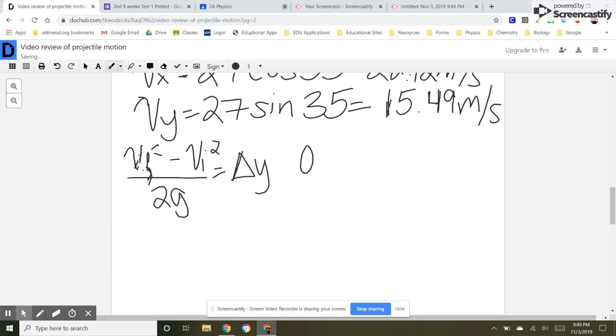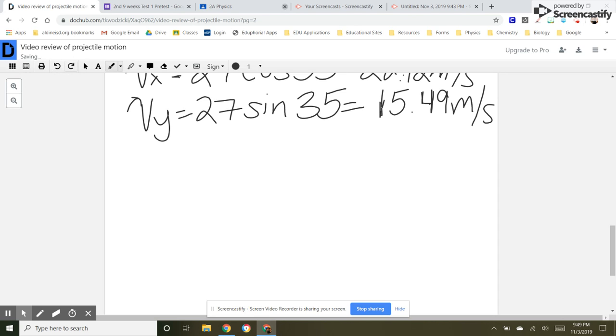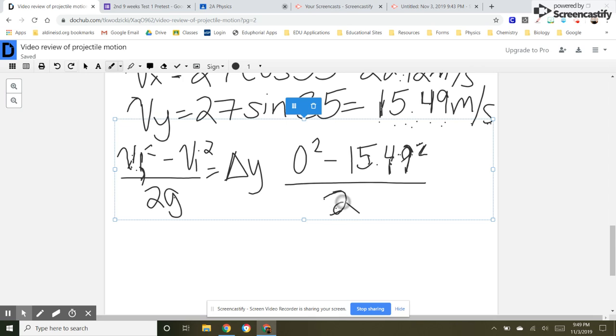So we fill in the blanks: 0 squared minus the velocity in the y component squared, over 2 times 10.